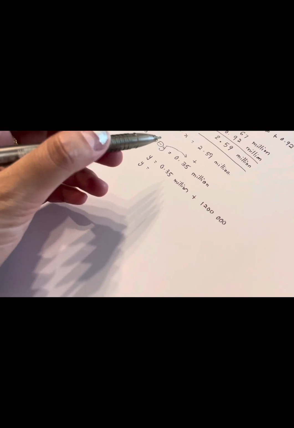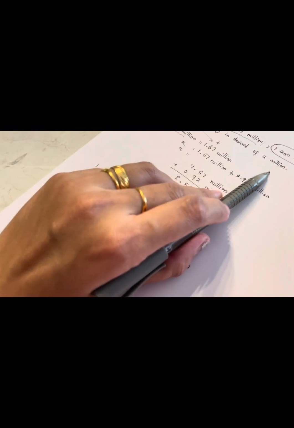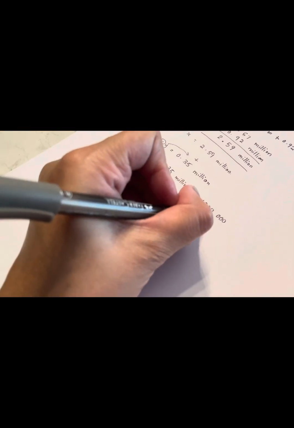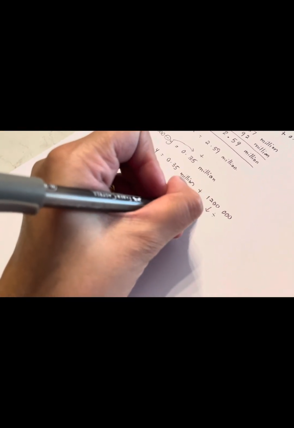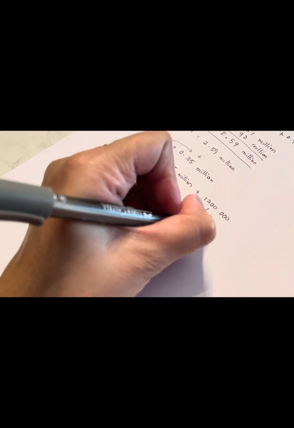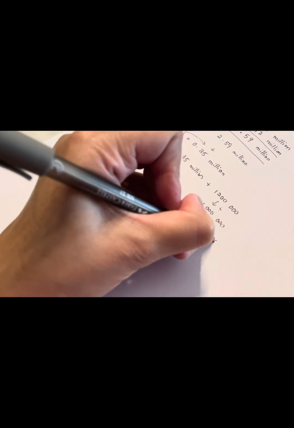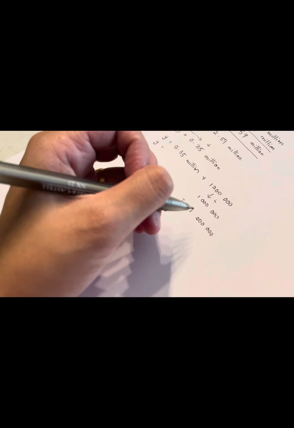Since we are going to give the answer in decimal of a million, we have to change this whole number to decimal of a million. From a whole number to decimal of a million, we use division. Divide by 1 million, yeah? So we can move the numbers to the left hand side.